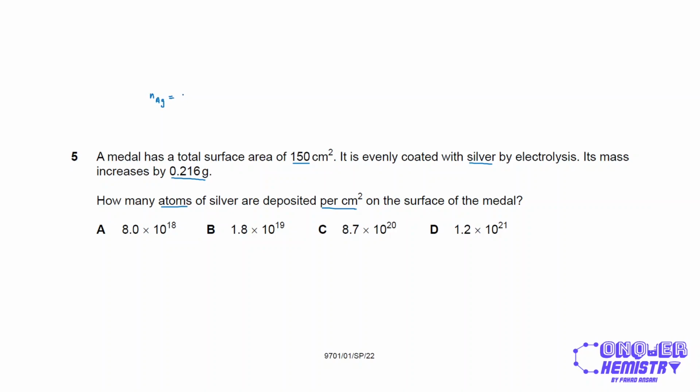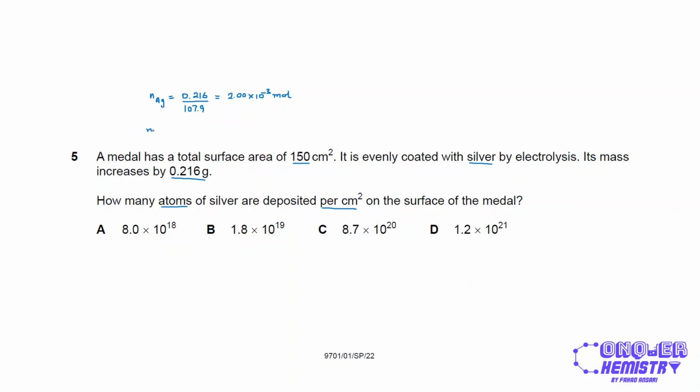This will be the mass divided by the AR of silver, because we know that silver is a metal and metals are considered to exist as single atoms. So we divide by the relative atomic mass, and this gives us this many moles of silver atoms. The next step is to convert the number of moles into number of atoms.